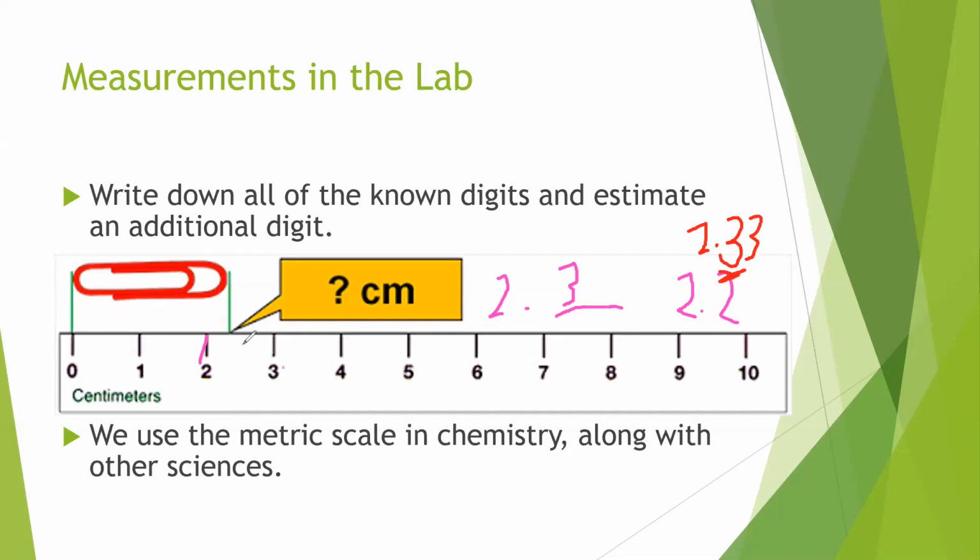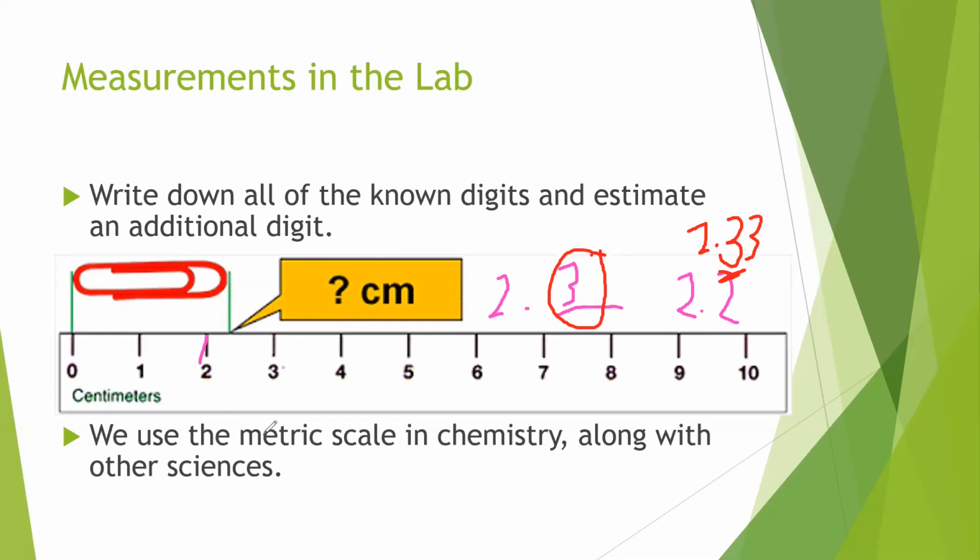So we can't say it's 2.33. We can only estimate one additional digit. So we can't estimate more than one digit.